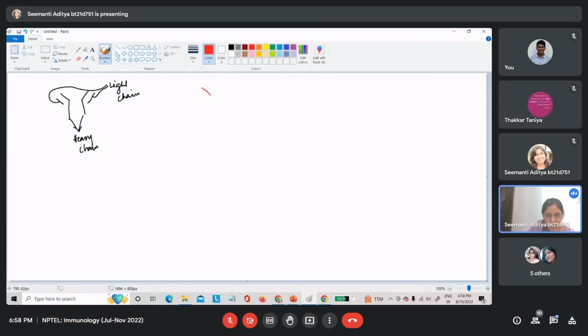Your light chain has a variable region, and your heavy chain also has a variable region. Apart from that, each is also going to have a constant region, and similarly your heavy chain will have a constant region.